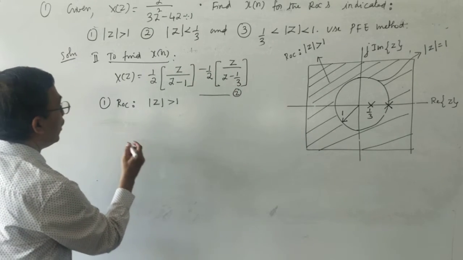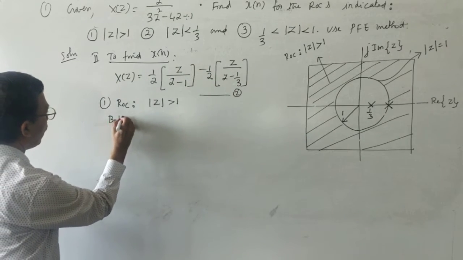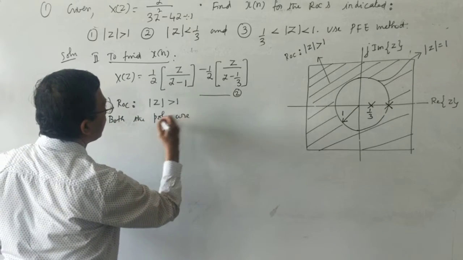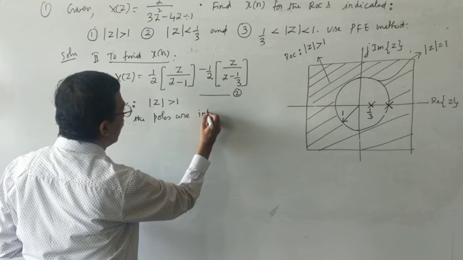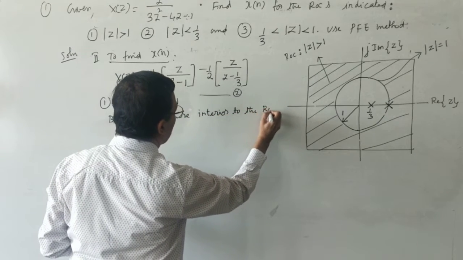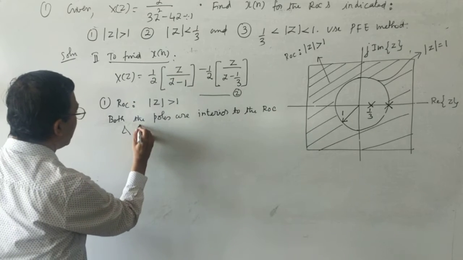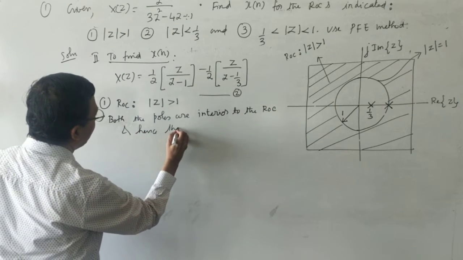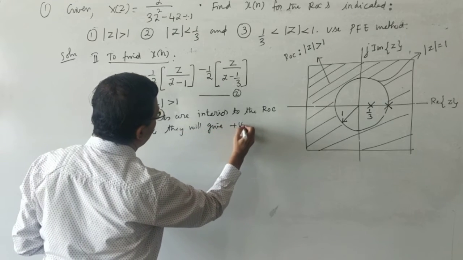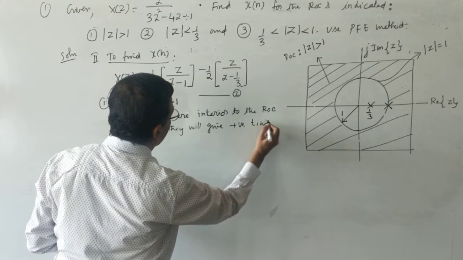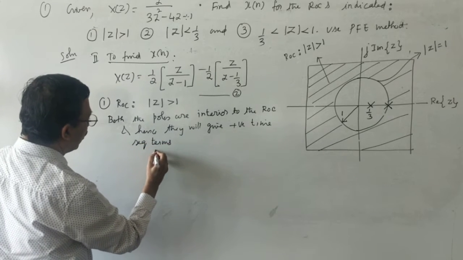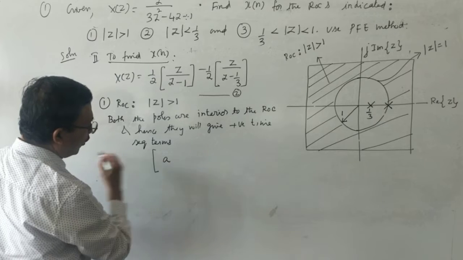So now I am going to say both the poles are interior to the ROC, and hence they will give positive time sequence terms.